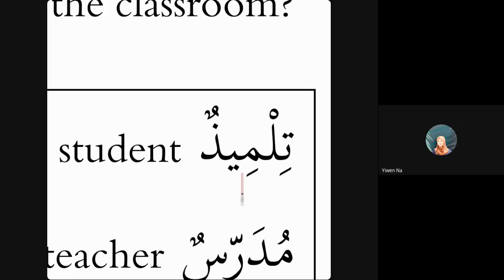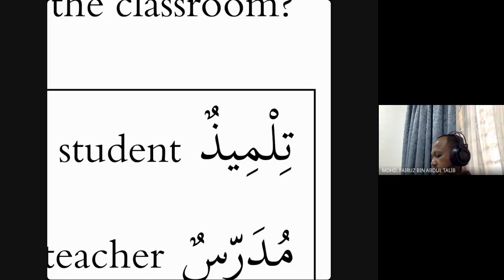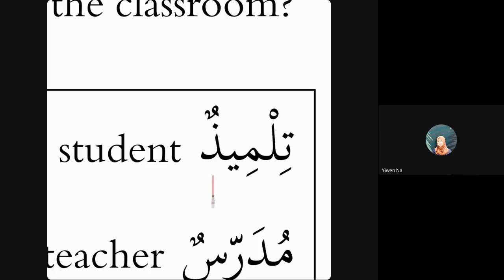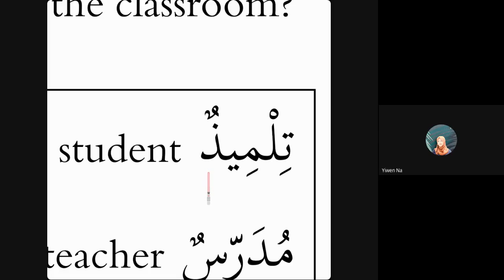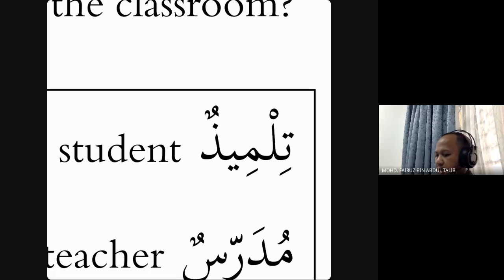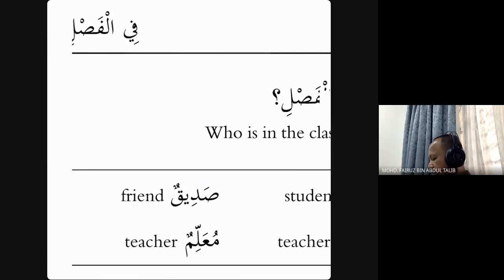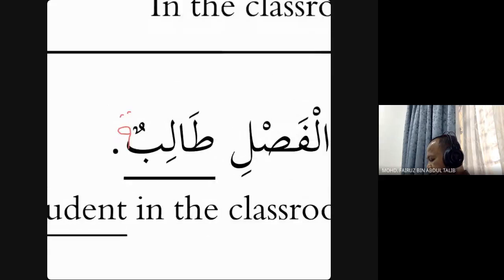Tilmiza. Yes, you add ah. Just like the word talib just now, you change to taliba. You see the word talib.